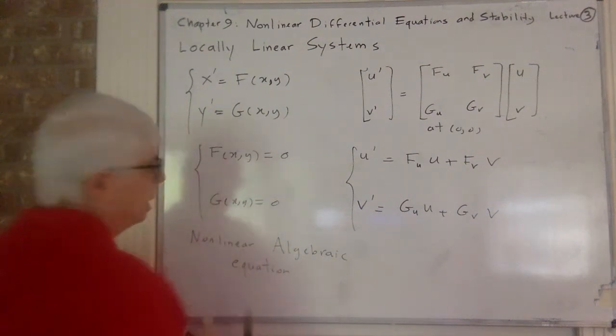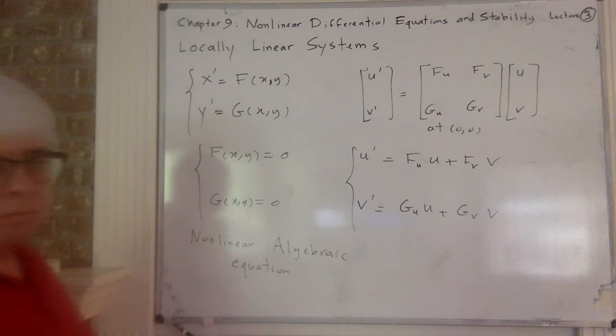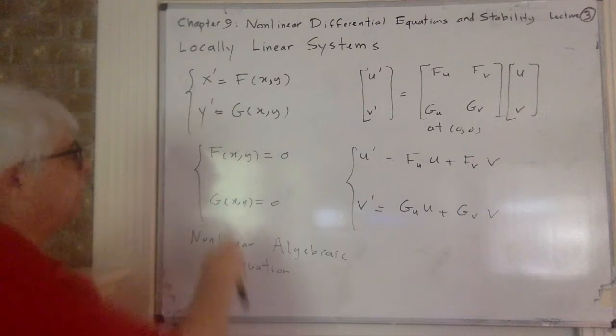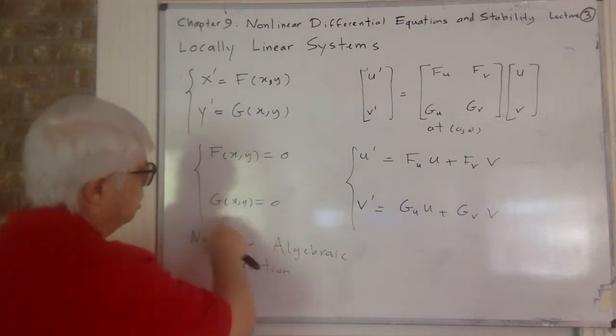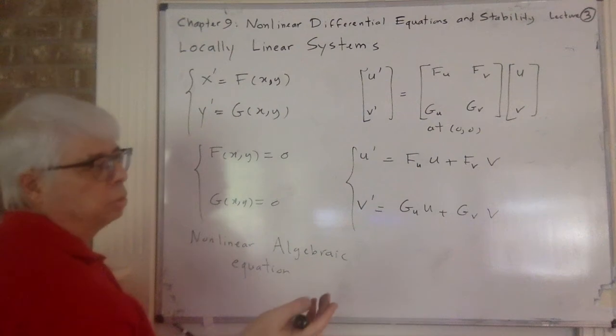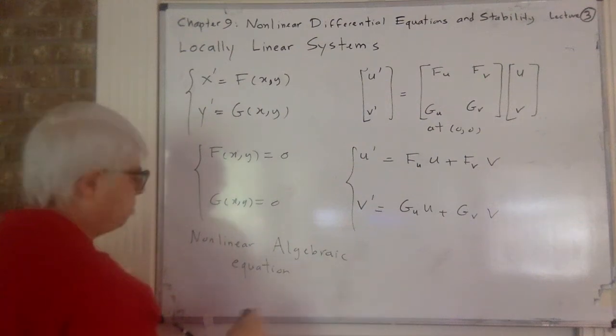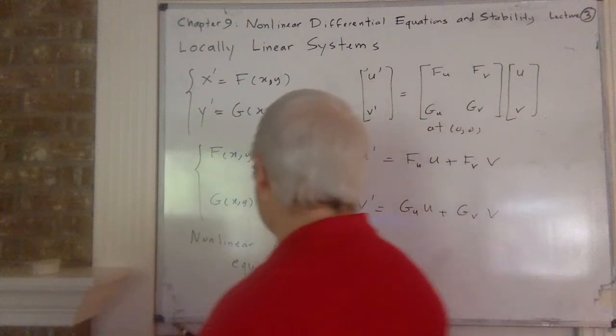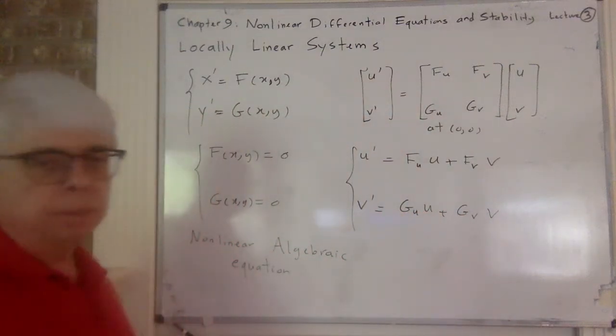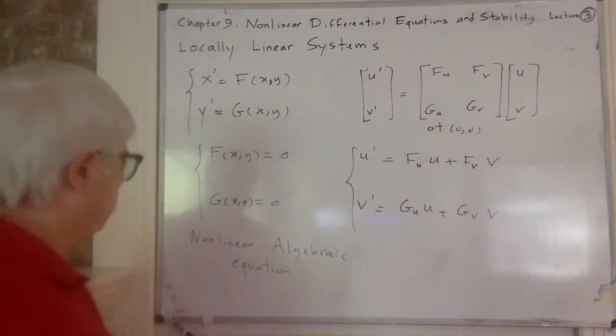So you have to find pairs of x's and y's that make both of them 0 at the same time. Not the one x that makes this 0, no. So if an x makes this 0 and a y makes this 0, they are the good pairs, right? You will see. I will give you enough examples, and there are in fact enough examples in the book.